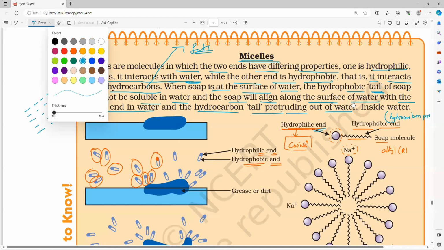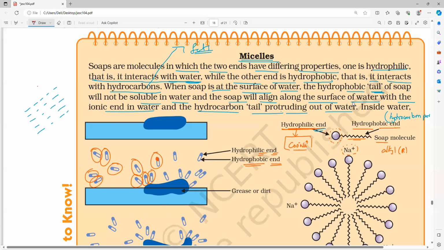If there is no dirt, who will attract the water, the head part or the tail part? The head part will attract the water and the tail part stays away from it, protruding out of the water, meaning it is not mixed with the water. So that is how it happens.